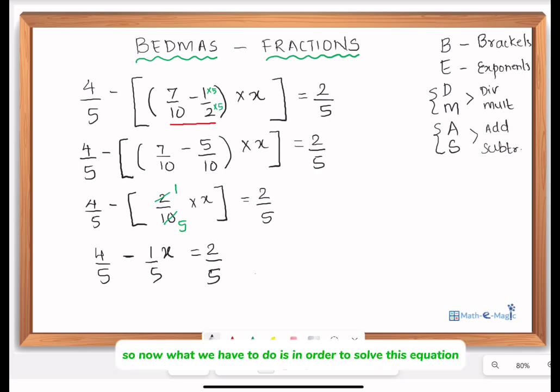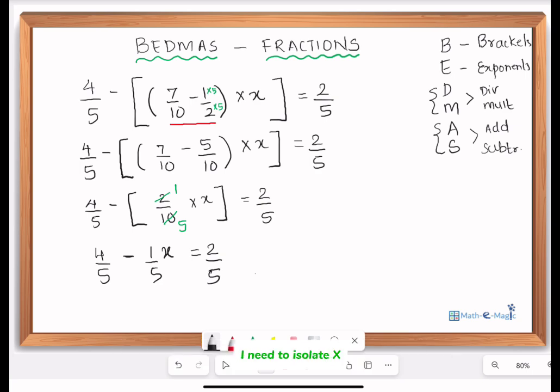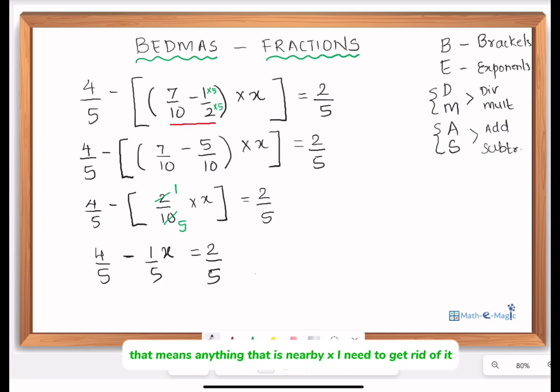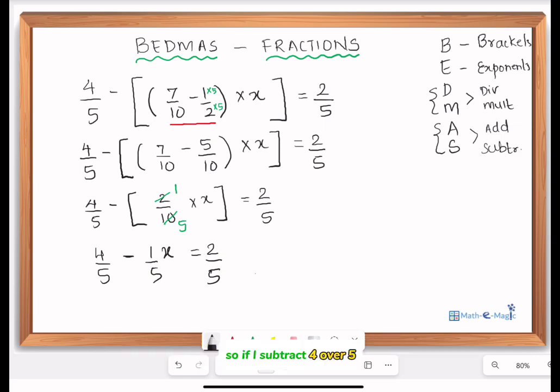Okay, so now in order to solve this equation, I need to isolate x. That means anything that is near x, I need to get rid of. So the first thing I need to get rid of is this 4 over 5. If I subtract 4 over 5 on one side of the equation, I have to do it on the other side as well.